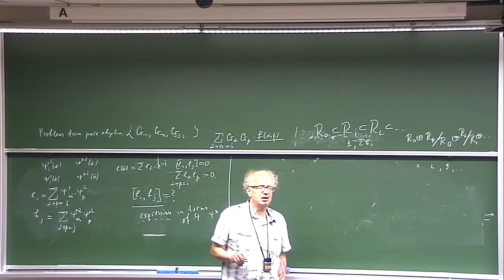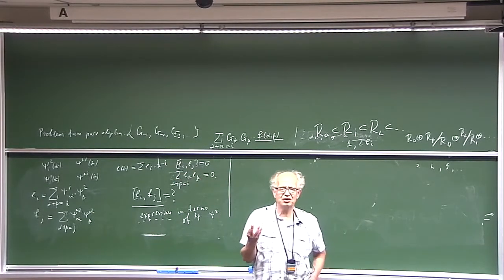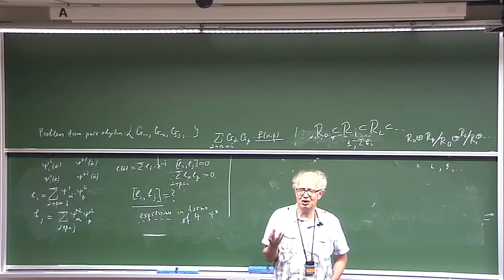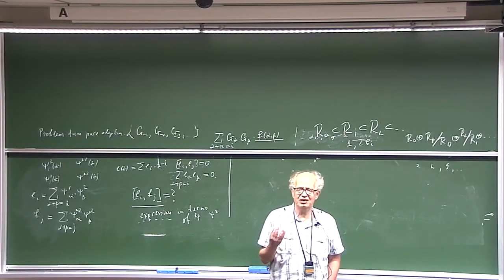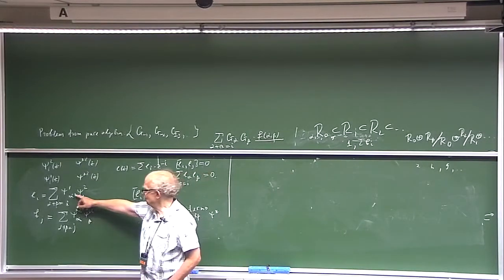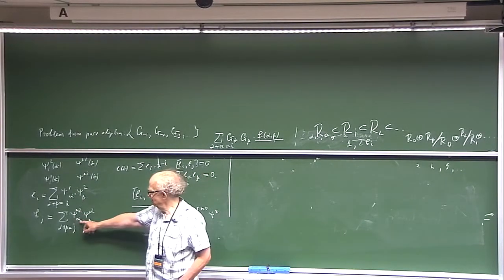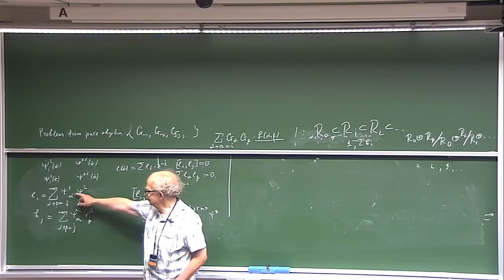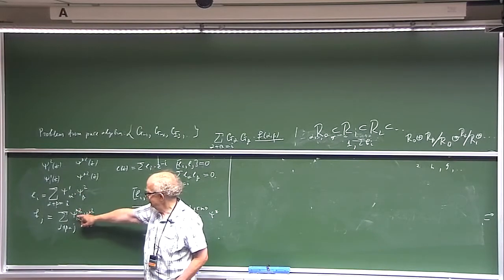And a question to you may be the following. What degree do we expect? So you see, this has degree 2. This has also degree 2. This has degree 2 in psi. This has degree 2 in psi star.